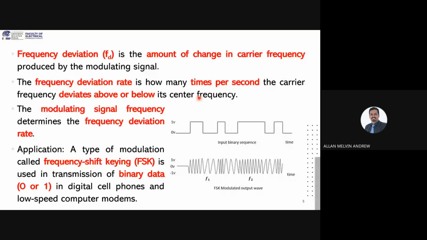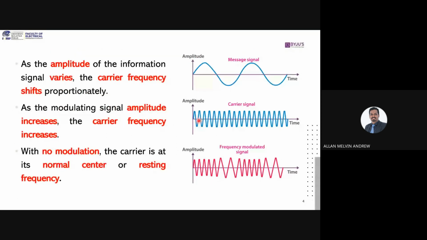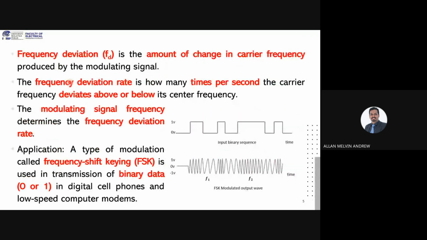So this is the central frequency, as we can see. You can see how much it varies compared to this, and this part it varies more. So we can get the rate in 1 second, how many times it changes. That is what we call the frequency deviation rate.